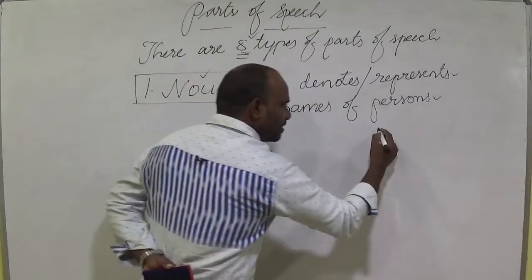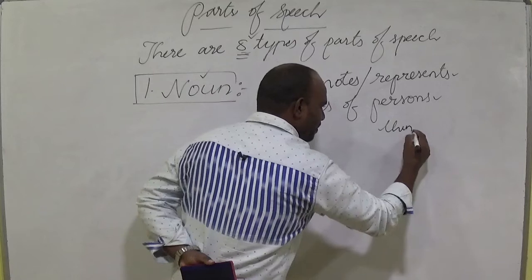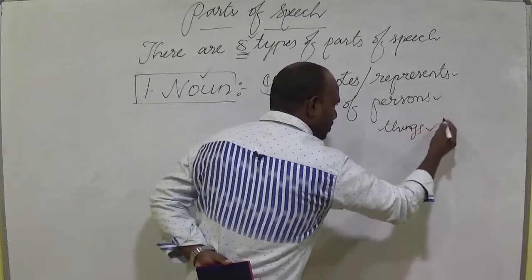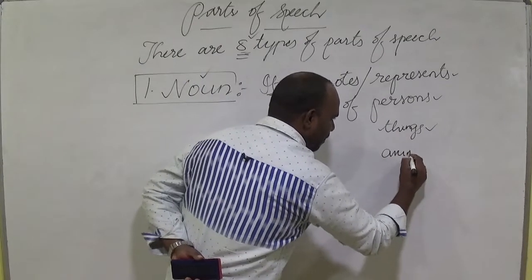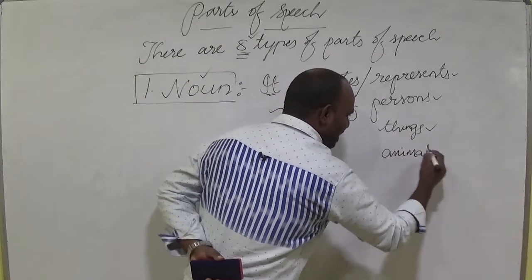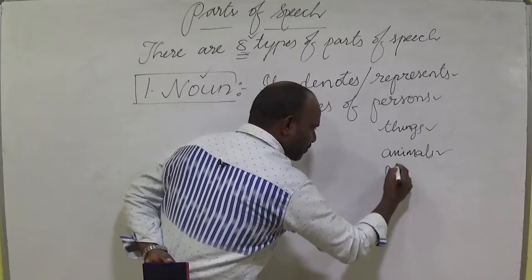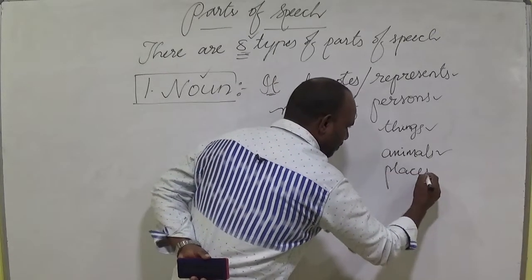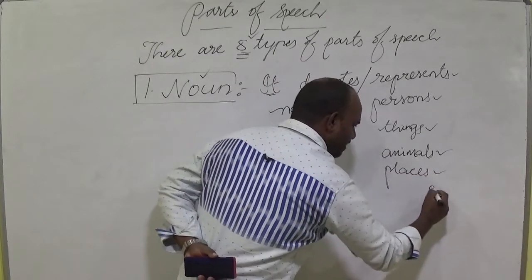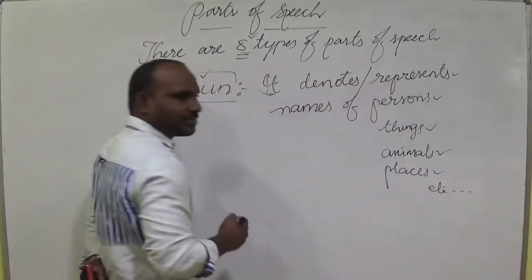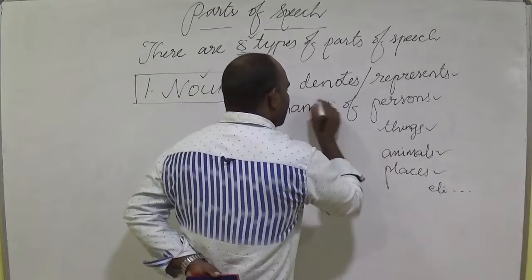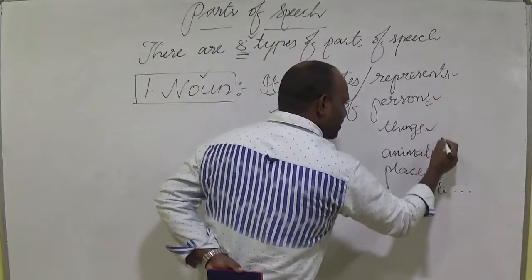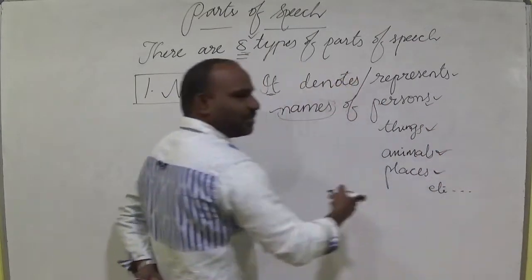Names of persons, names of things, names of animals, names of places, and etc. Noun is nothing but, of course, it denotes names of persons, things, animals, places, rivers.